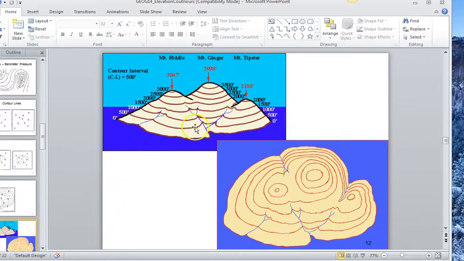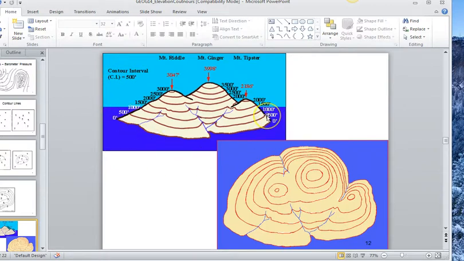So if I look at this little island here in profile, here is the 0 contour line at sea level, and this contour interval, CI, is 500 feet.